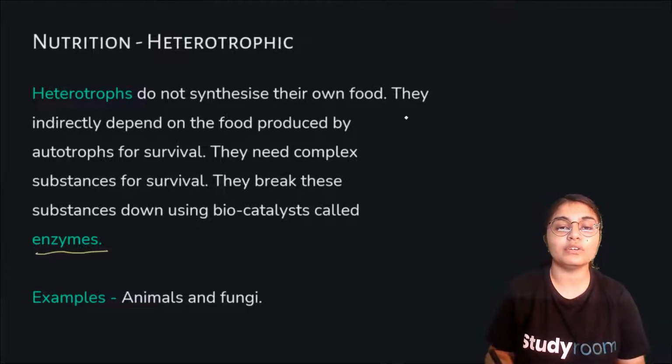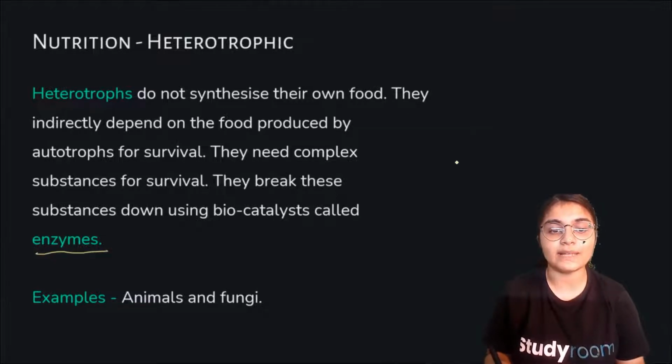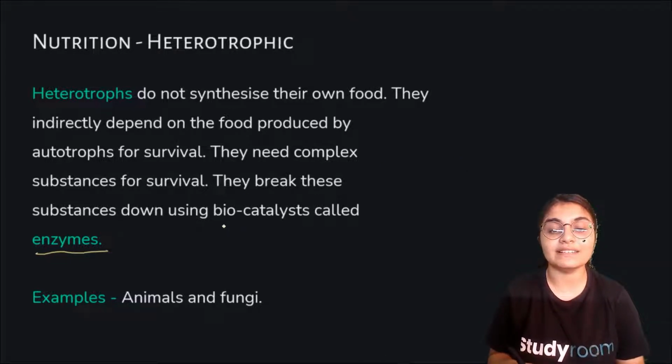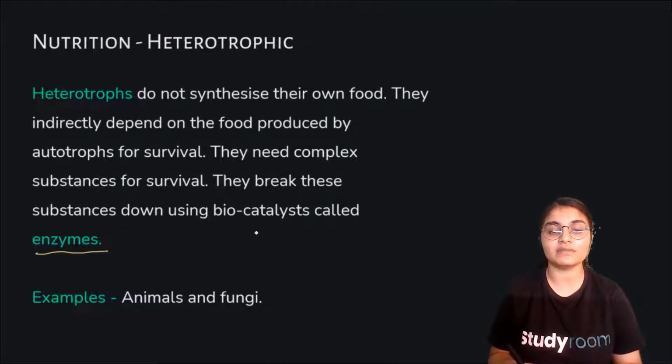You'll get a question asking what enzymes are, and you'll have to define enzymes. You'll always write that enzymes are biocatalysts which help in breaking complex substances into simpler ones.